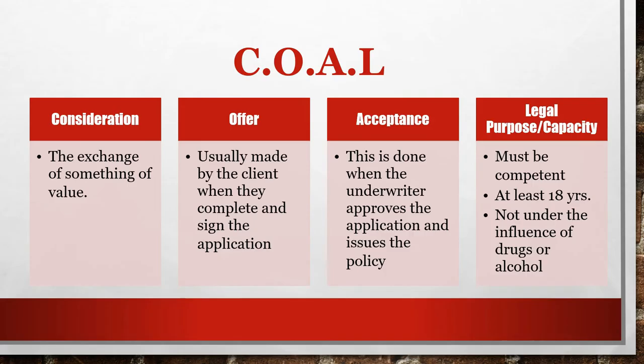And then once there is an acceptance, you are on your way to having an enforceable contract as long as both parties agree. An offer can be a customer completing and signing an application for insurance. The underwriter would need to accept the offer, and then as long as there is an agreement, there's a contract.